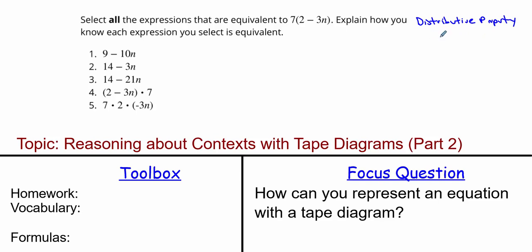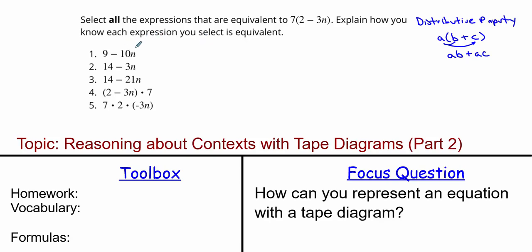if we have a times the quantity b plus c, then we multiply: a times b plus a times c, ab plus ac.